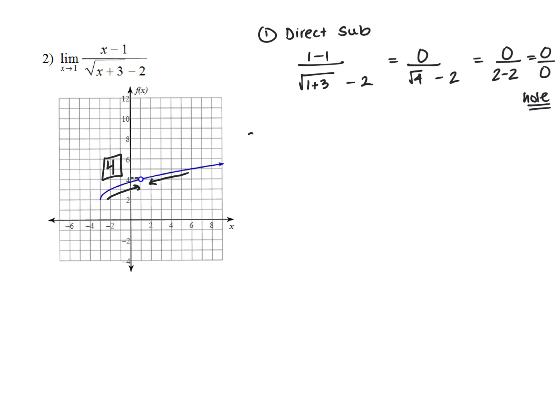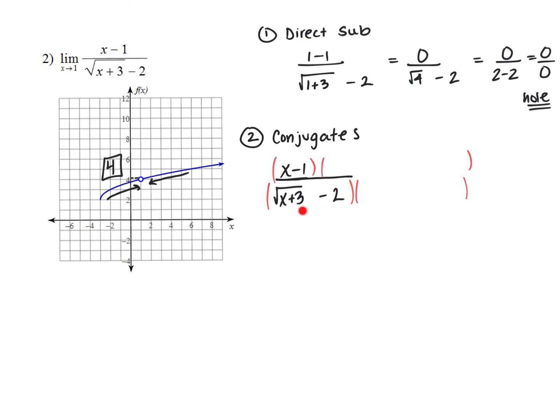So now we're going to use not factoring, but conjugates. So we have x minus 1 over radical x plus 3 minus 2. So notice with this problem, the radical is now on the bottom instead of the top. So our radical is the thing that we're going to conjugate. So we're going to multiply the top and the bottom by the conjugate of the denominator, where these radicals are.